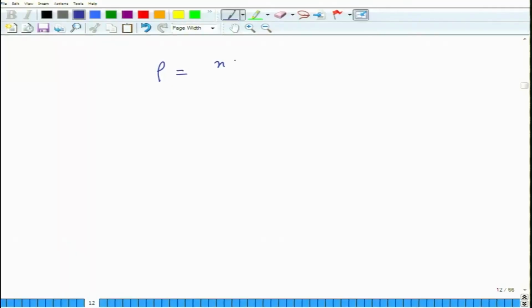Finally, if you want to calculate the theoretical density of a material, it is given as nA divided by VcNA, where n is the number of atoms per unit cell, A is the atomic weight, Vc is the volume of the unit cell, and NA is the Avogadro number. By this you can determine the density of metals.